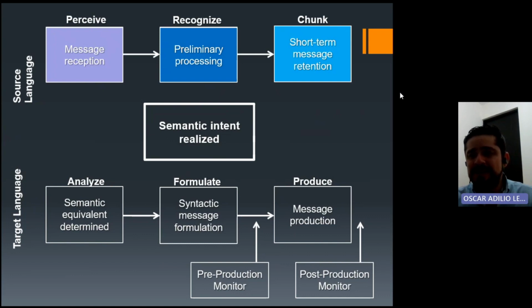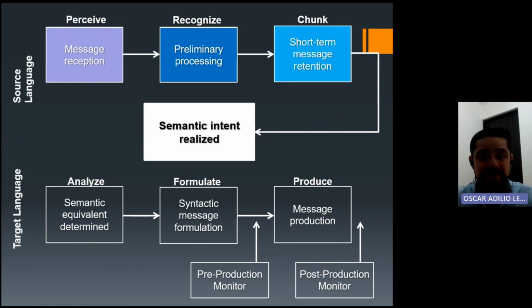This is something that doesn't happen in a specific language, because it's when the message is just a bunch of information that our brain has to understand, right? But here is where we need to understand what the purpose of the speaker is with that message. And then we go into analyzing. So we start looking for equivalents in the target language.